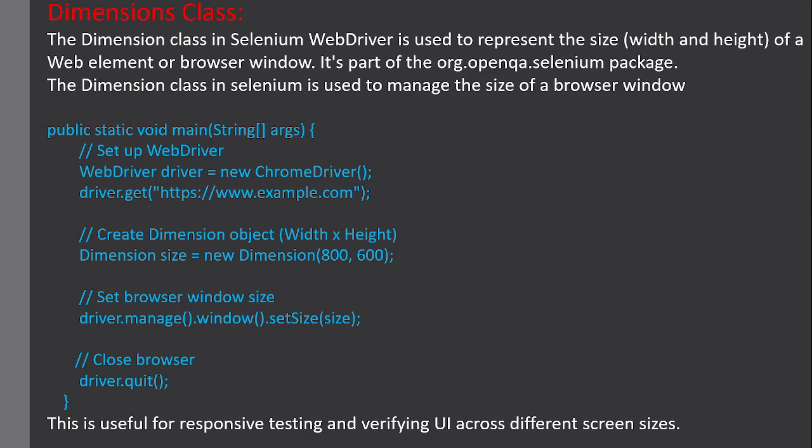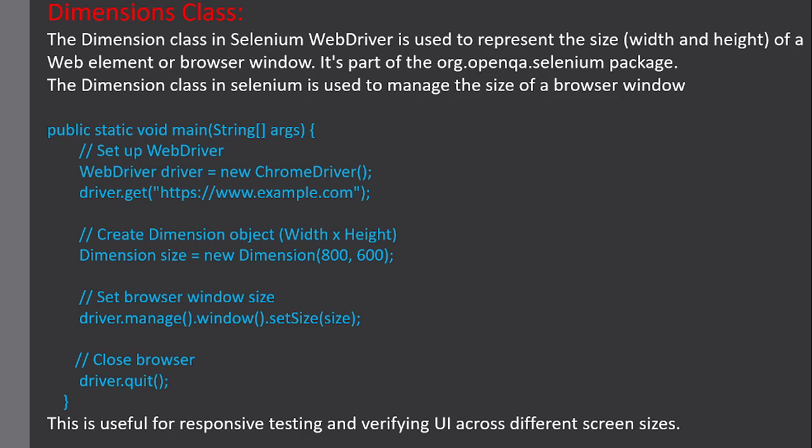First, we need to define the method. Then inside that method, we set up a WebDriver: WebDriver driver is equal to new ChromeDriver. Then next we need to hit the URL. For that, driver.get URL, this code we have to write. Then next, create a Dimension object with width and height.